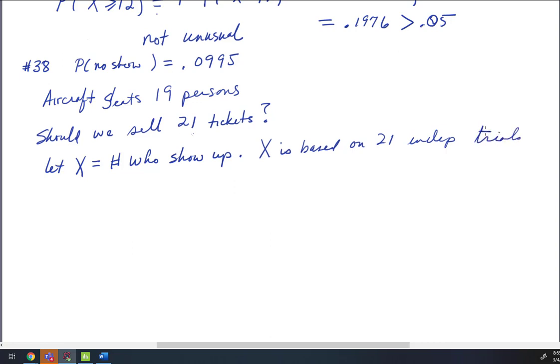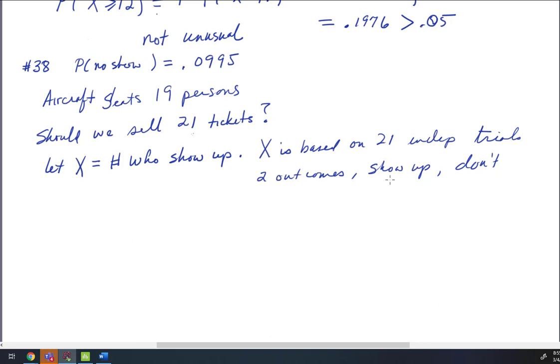Each trial has two outcomes, show up or don't. And X counts the number who, what do we want? The number who show up is what we decided we'd count.